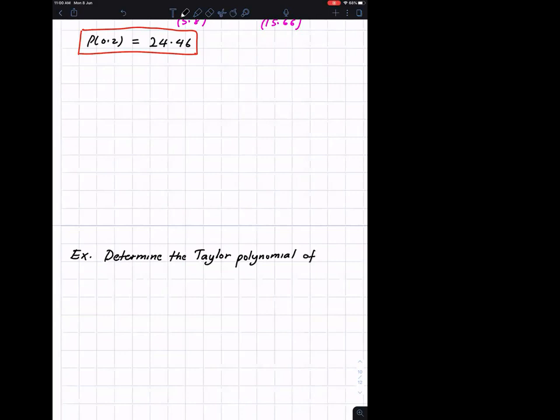Polynomial of degree 4 for f of x equals x to the power of -2 about the point x naught equals 1.